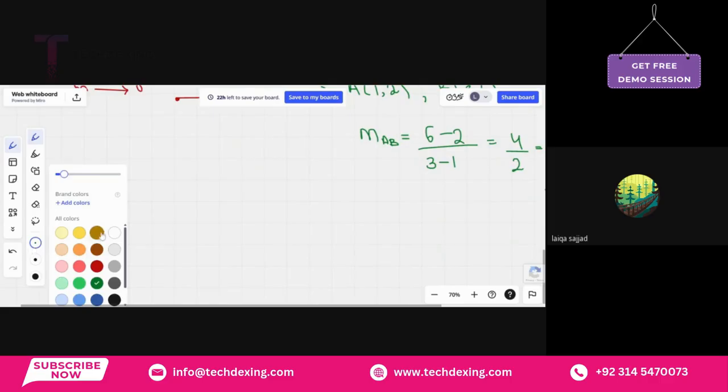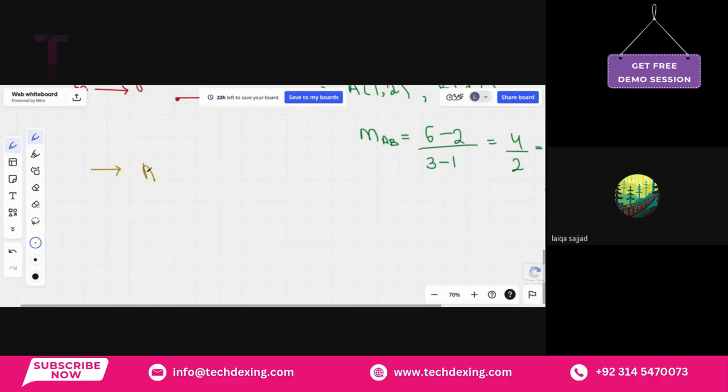Okay, so for example, we get some points where we also have negative coordinates. For example, this one, and point B is 5 comma minus 3, and we are asked to find the slope of this line.